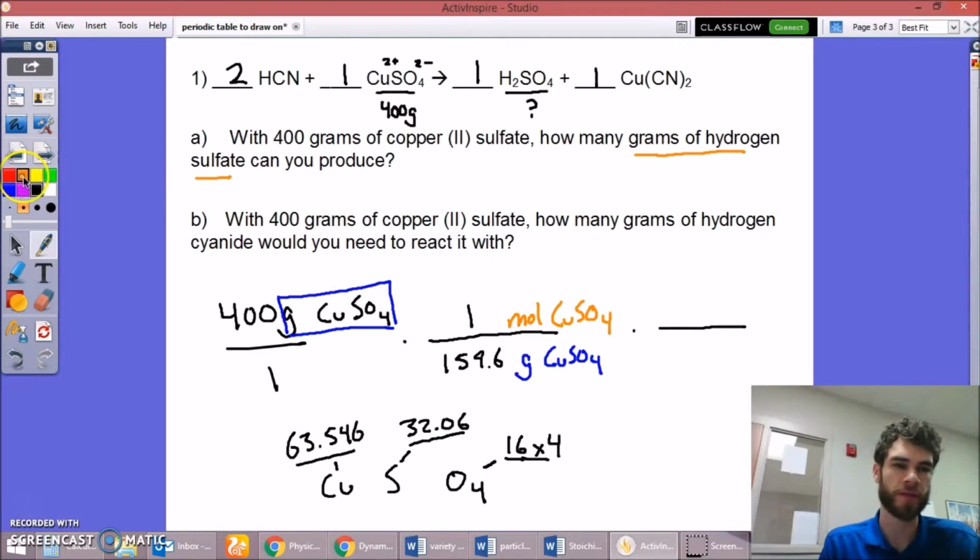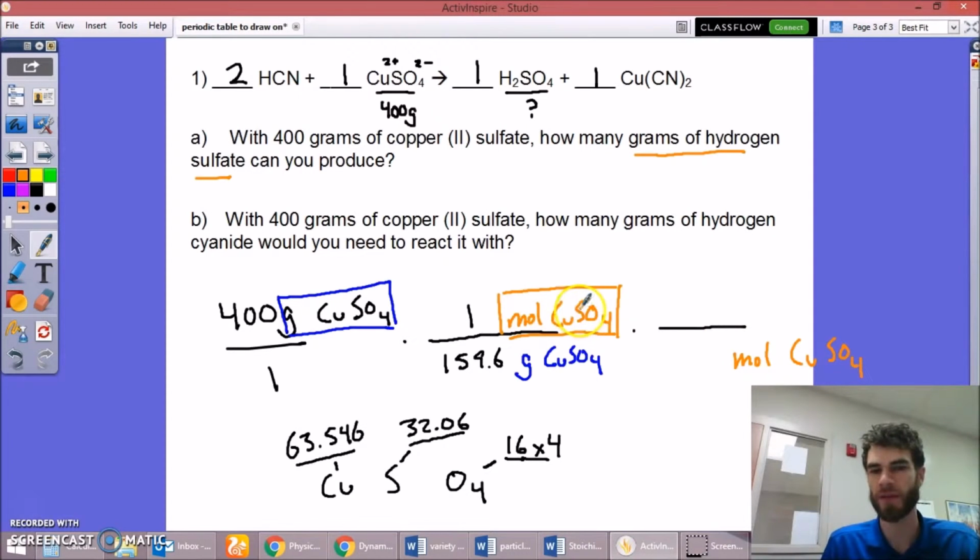What do we do next? Well, before we even get lost thinking about, oh, what do we do next? I'm stuck. You have this automatic thing that you should do without even thinking about it, where you take the top of this fraction and put it as the bottom of the next fraction. You don't even have to think about that. You just do it. It's like an automatic process.